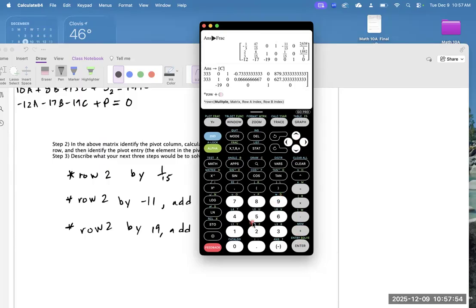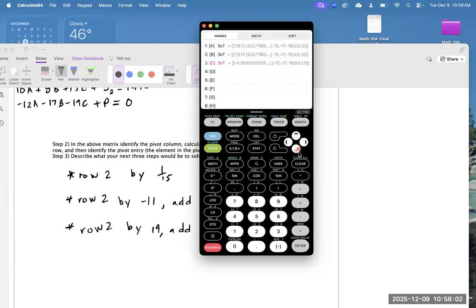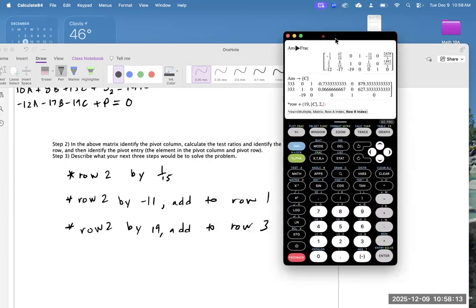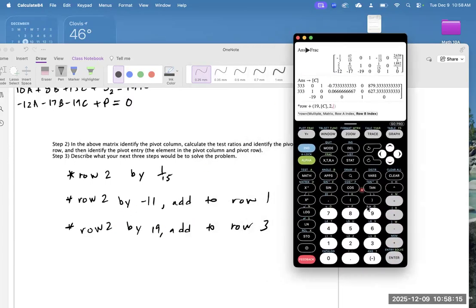What did I say? I said I'm going to multiply by positive 19. Second matrix, the one we just finished working with, was C. I'm going to multiply that 19 times row 2 and add it to row 3, just like we said down here.